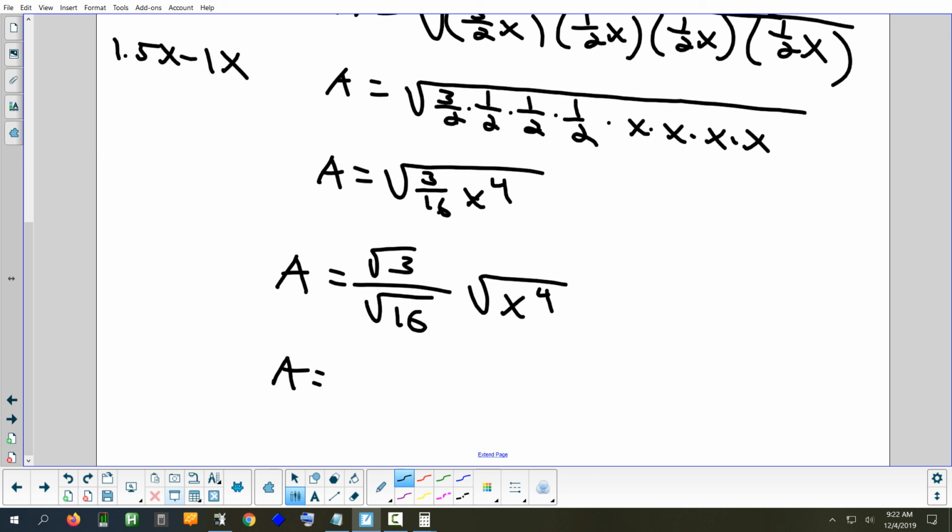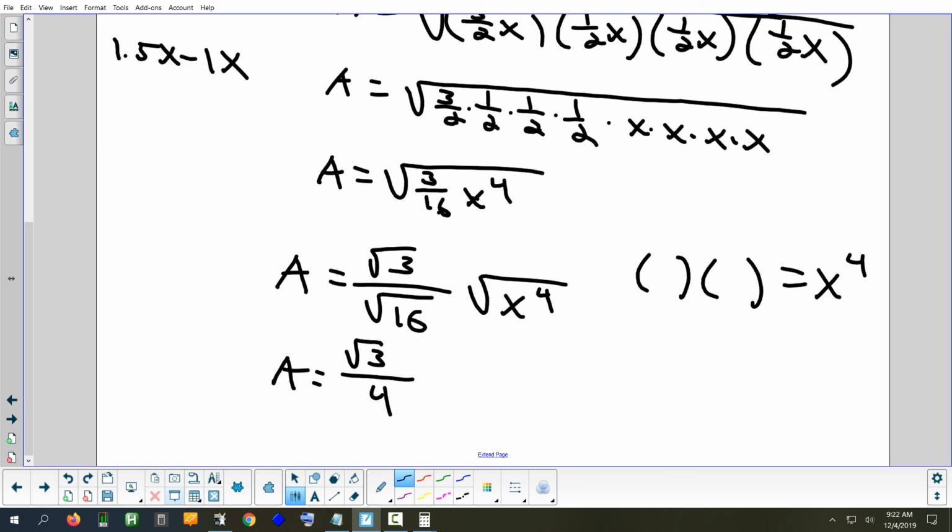Now the square root of 3, we can't really do anything with it. How about the square root of 16? Yep, 4. And the square root of x to the 4th. So think, what 2 things can you multiply together that are the same, that give you x to the 4th?